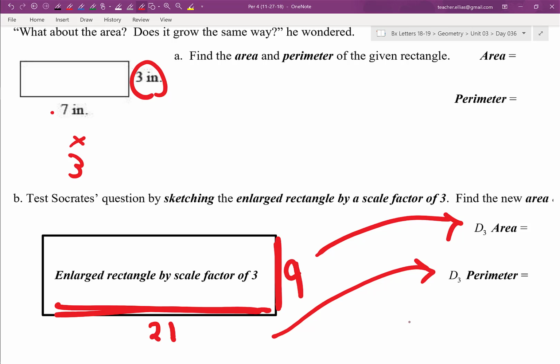Does the area triple? The area doesn't triple, but the perimeter does. That's a good question. I want you to think about that. Think about what triples. Yeah, what does triple? Where does this 9 come from? Where does that 9 come from? Okay, but it's different. Where does the 9 come from?